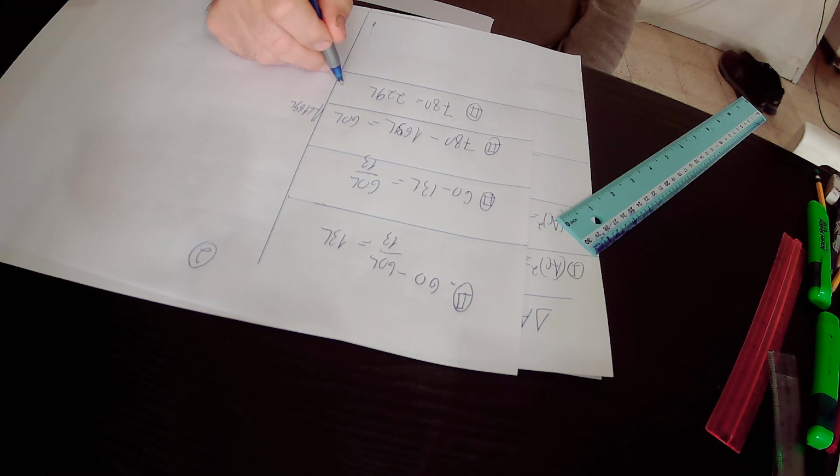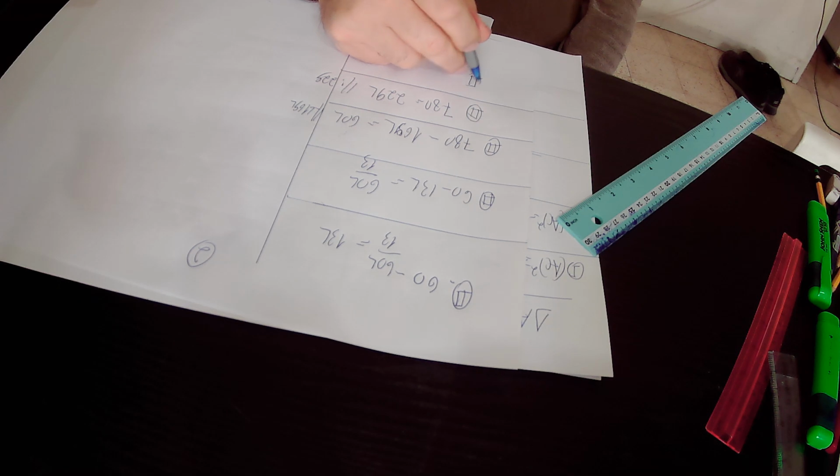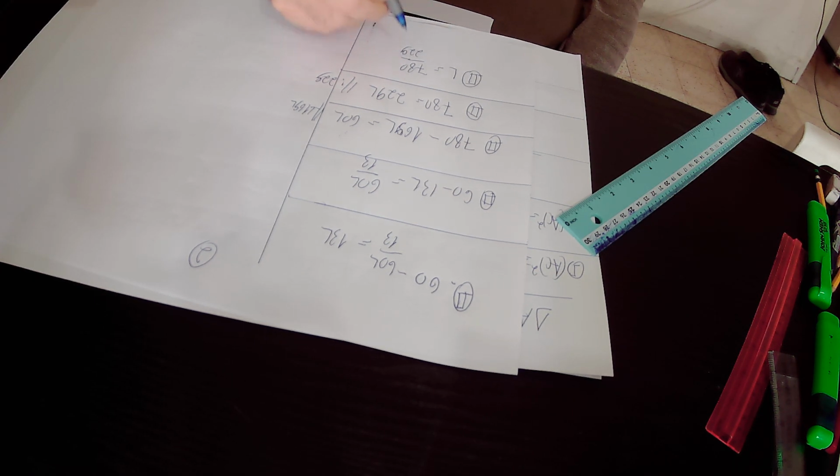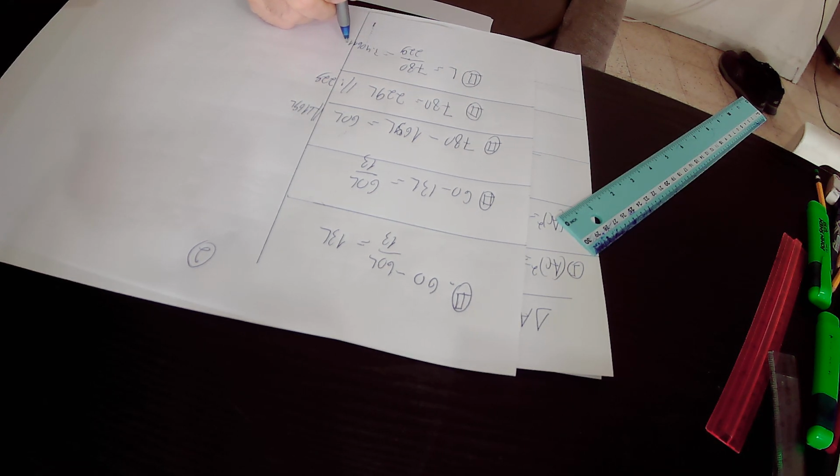Here we divide equation 2 by 229, and finally we get L equals 780 over 229, and 780 over 229 equals 3.406113.